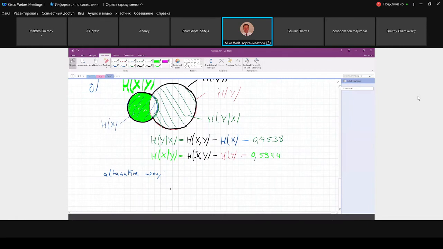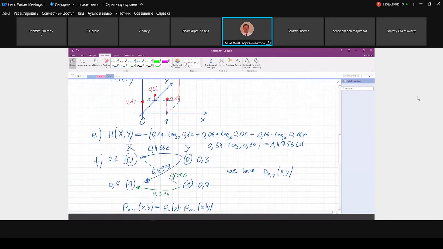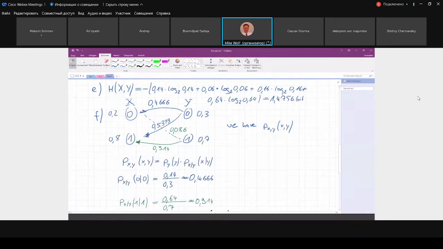We can say H of Y given X, so both are capital letters. Let's say 0.2, and this 0.2 is just the probability that X is 0.